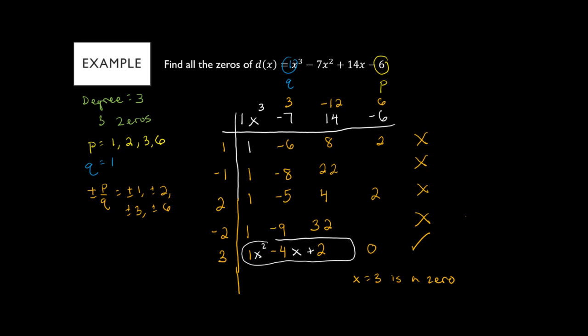So once you get down to something that's squared, then you're going to use the quadratic formula to find the rest of your zeros. So we're going to take x squared minus 4x plus 2 and set that equal to 0 and solve.